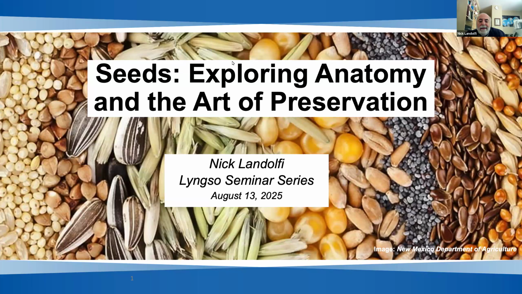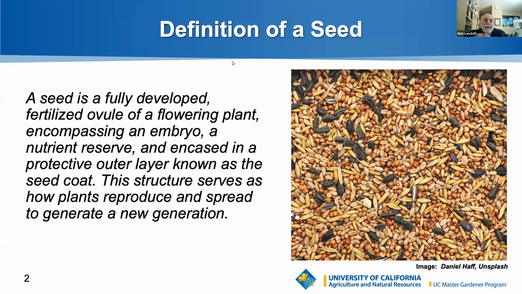As Maddie indicated, today I would like to talk about exploring seed anatomy and the art of seed preservation. Everyone knows what a seed is, but it is easy to trivialize their capability and potential. Here is a comprehensive definition of a seed.